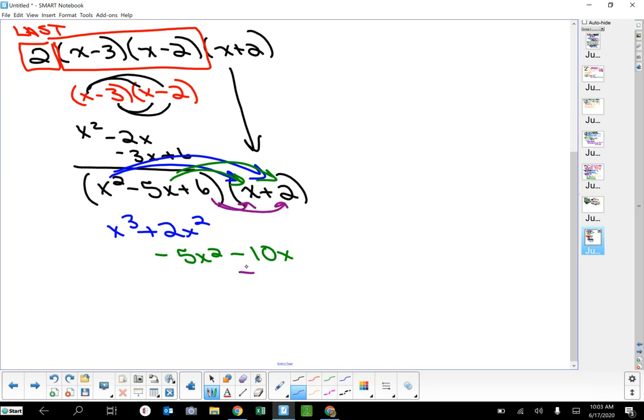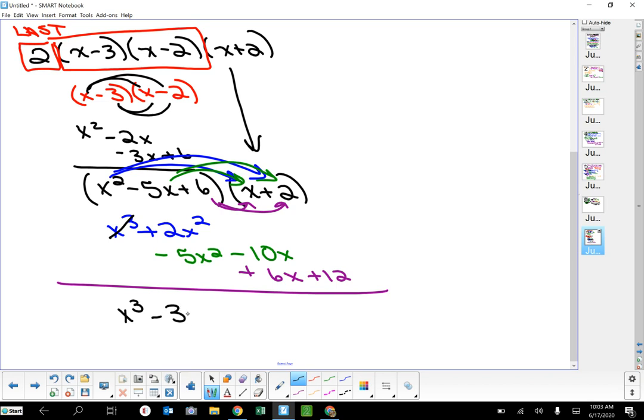So that's going to give me a plus 6x plus 12. And then I'm going to add the blue, the green, and the purple. So I have x cubed, that's gone, minus 3x squared, those are gone, minus 4x, those are gone, plus 12, no like terms.